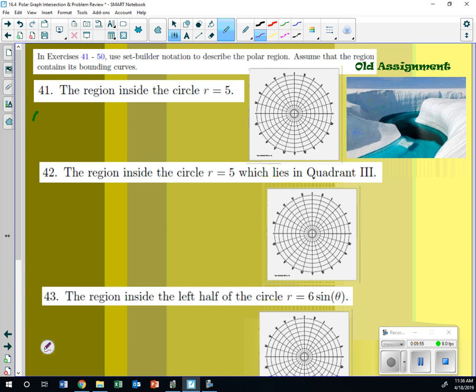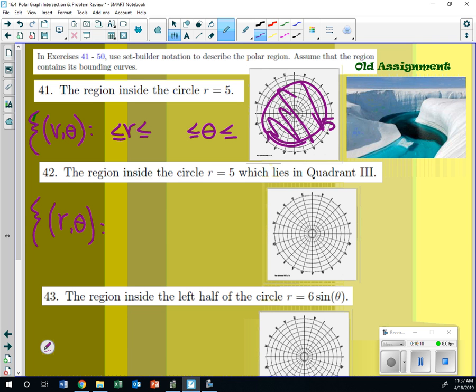So we'll start with set of all r theta such that, and all of these are going to be set of all r theta such that r is between something and something, theta is between something and something. Well, if this is my picture at 5 and it's all filled in, what's r going to be between, what and 5?